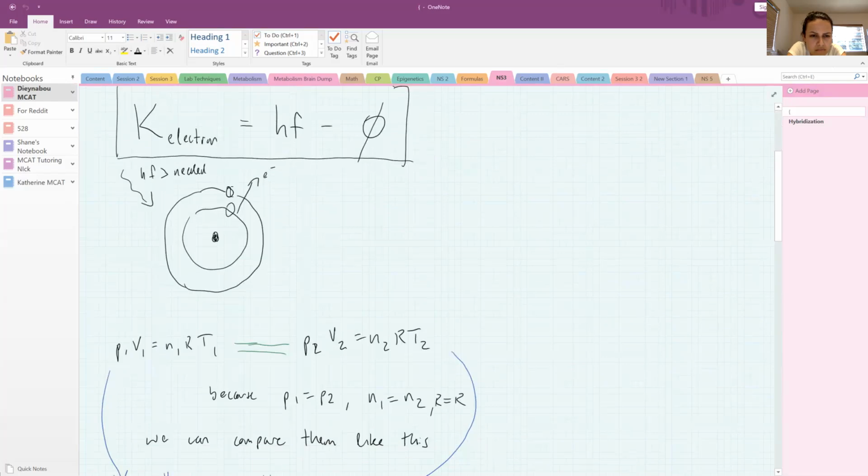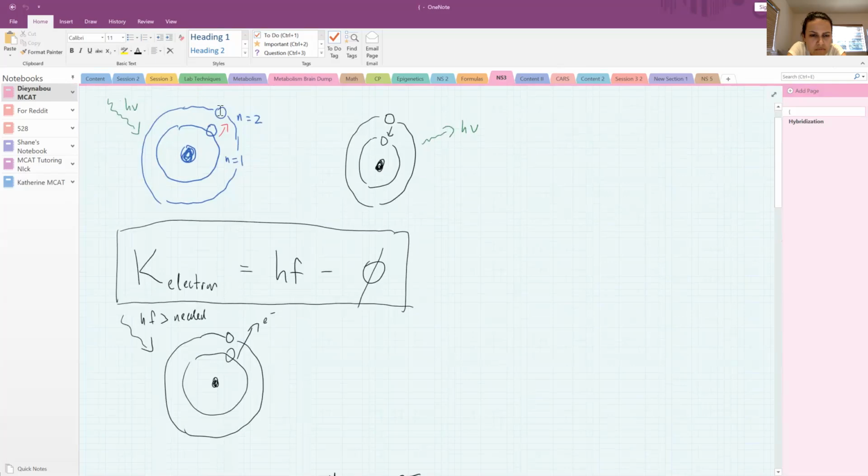The electron will no longer just be at this excited state. It's going to be no longer attached to the atom, but more than that, the excess energy is going to cause the electron to shoot out.